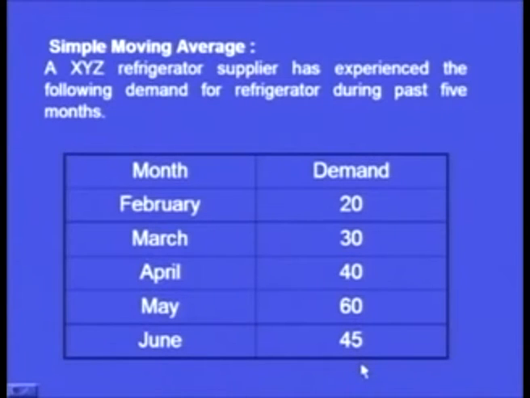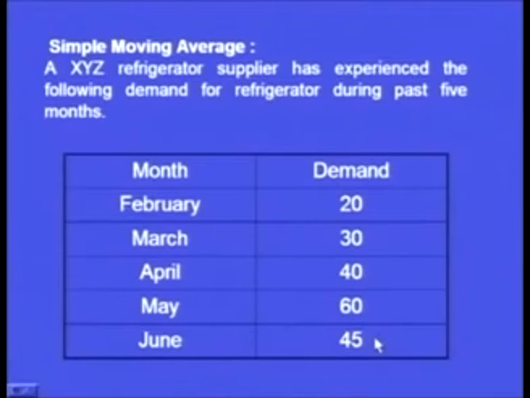If you see the trend of the data, although it increased from 20 to 30, to 40, to 60, suddenly there was a decrease in the demand, to 45.